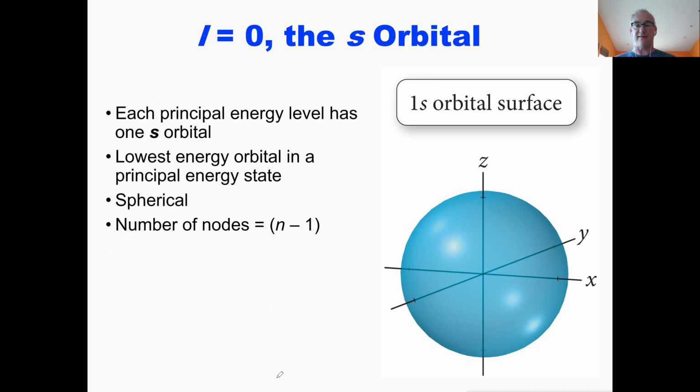This is the lowest level, the lowest subshell inside any shell, the S orbital, and it's a sphere. Sort of makes sense of that. Doesn't have any nodes. Can anyone tell me what a node is?